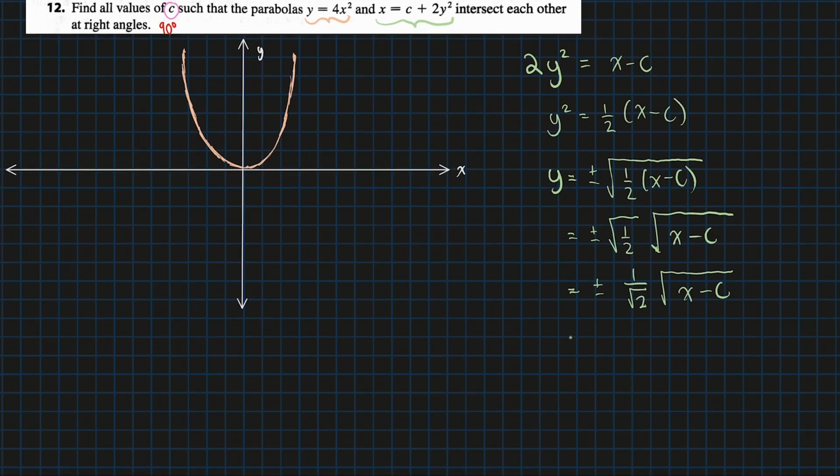And I'd like to rationalize this denominator. I'd like to say that this is equal to the square root of 2 over 2. What I did was I multiplied the numerator and the denominator by the square root of 2.